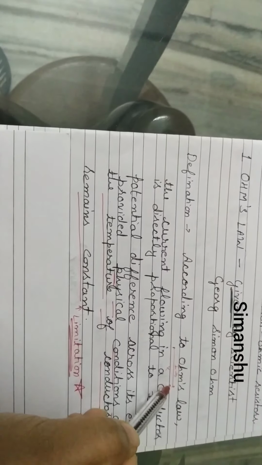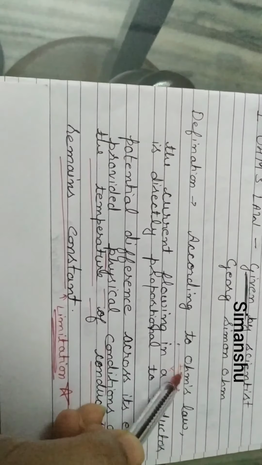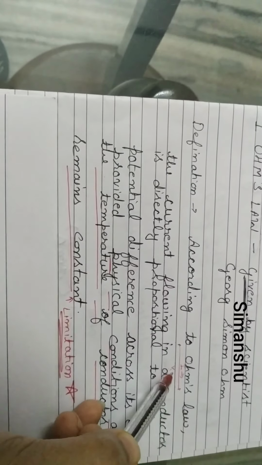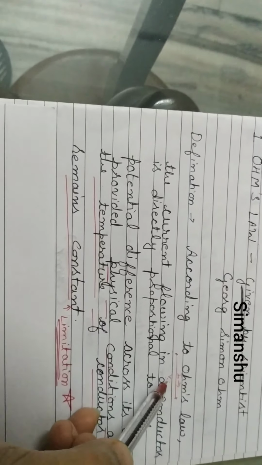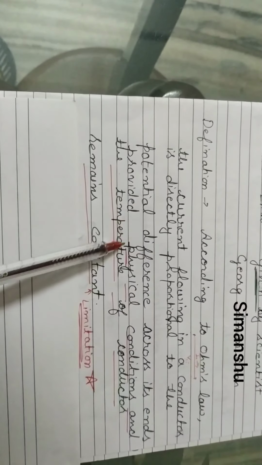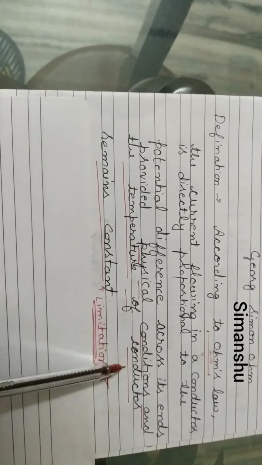So if there is a conductor, we provide a potential difference, then the current flowing through it is directly proportional to the potential difference provided here. But there is a condition. According to Ohm, this is possible only when the physical conditions and temperature of the conductor are constant.